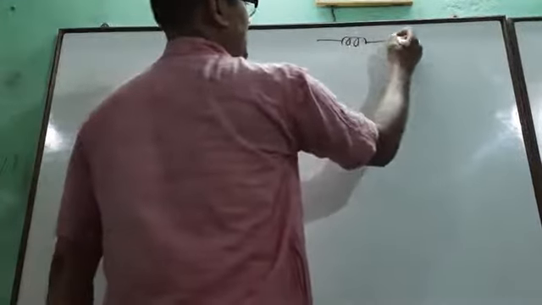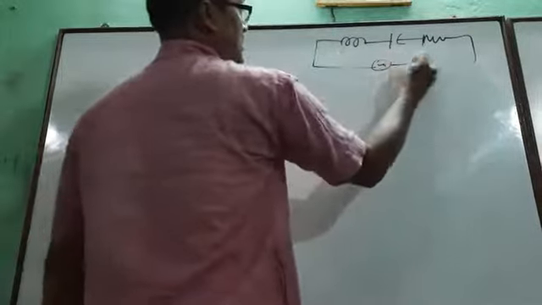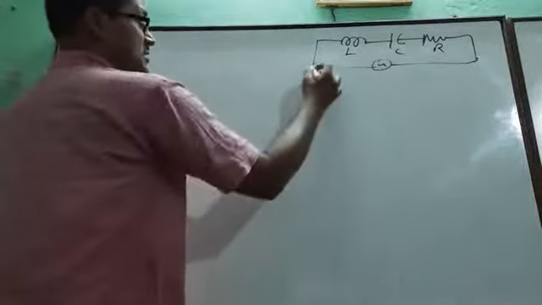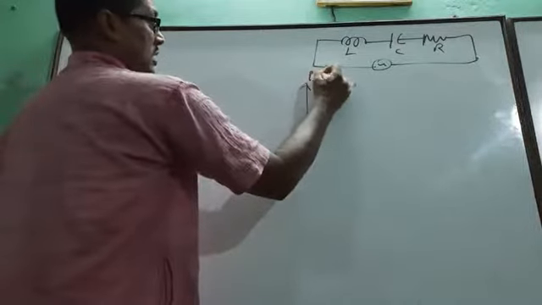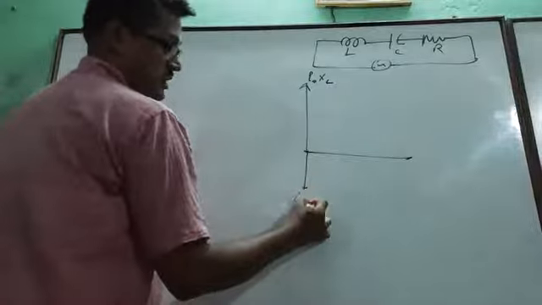Now in LCR circuit, this is L, C and R. This is the power supply. We have seen that this is I naught XL or this is I naught XC.